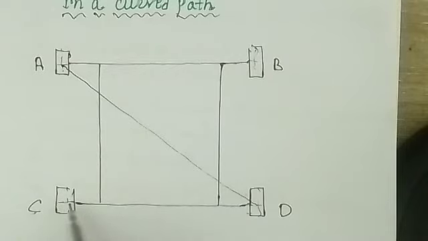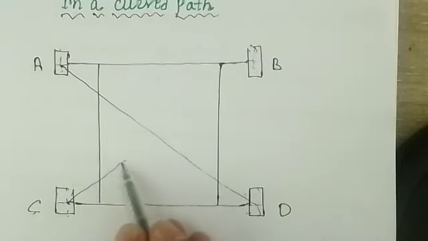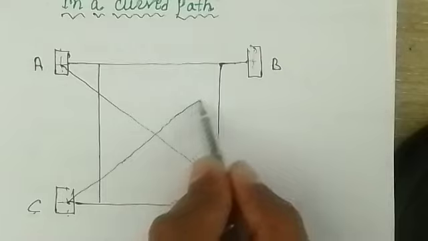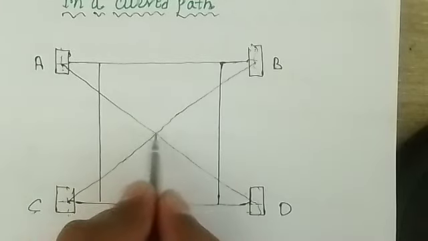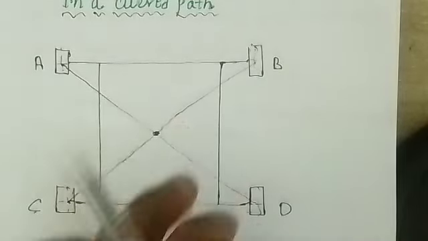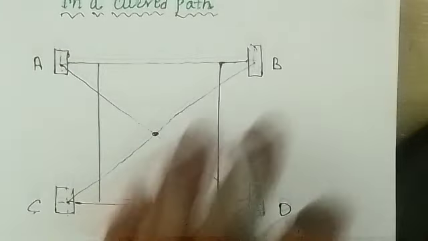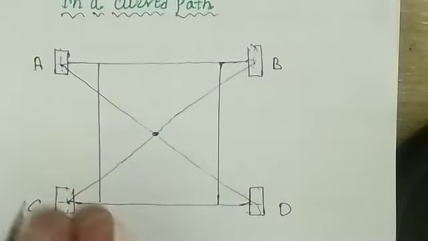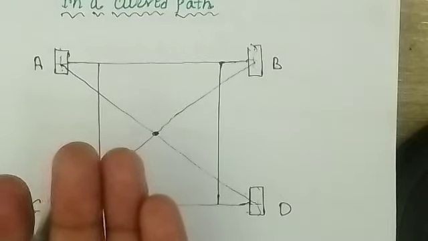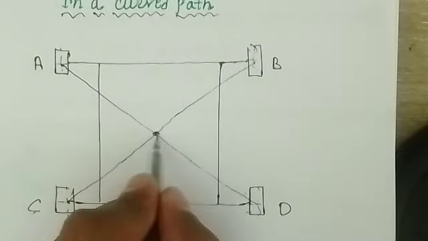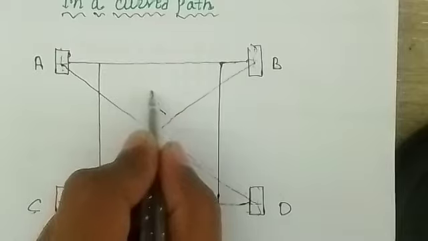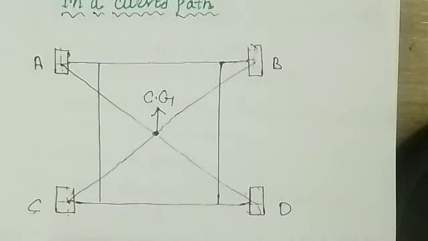So this is one diagonal and this is the other. This is the point where the whole mass or whole weight of the vehicle acts, and this center of gravity lies vertically upward, right? Let's say the center of gravity is like this, which we call CG.